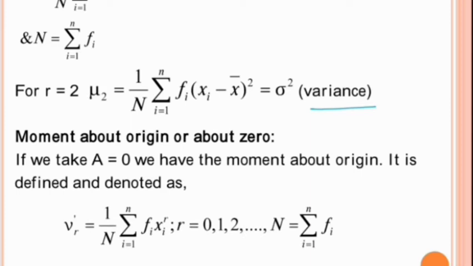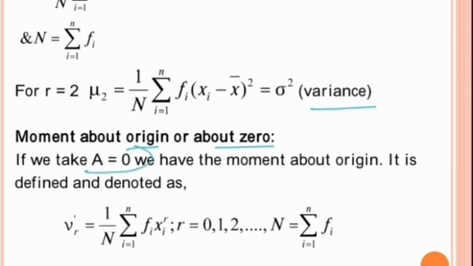Now let us see here. The first three equations were general equations, where we were taking moment about some A. Next we saw that we find moment about mean. Now here we are taking moment about origin, or you can say moment about 0.